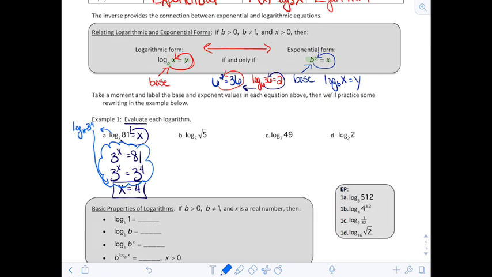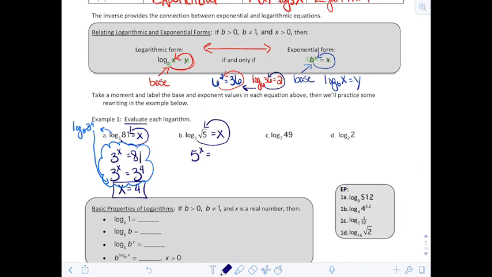Okay, letter B, the log base 5 of the square root of 5. Well, we're not sure what that is just looking at it, so we're going to write it as an exponential. Set it equal to x. Let's write this as an exponential. 5 to the x power equals the square root of 5.